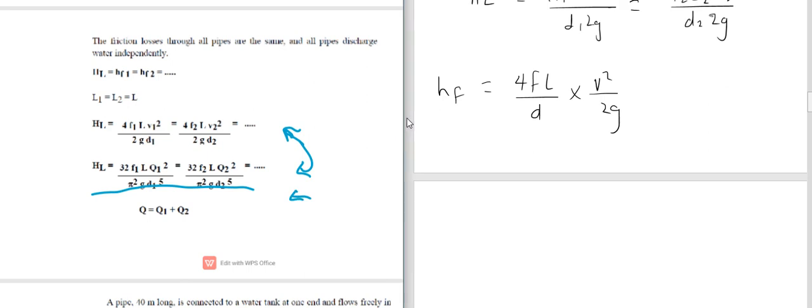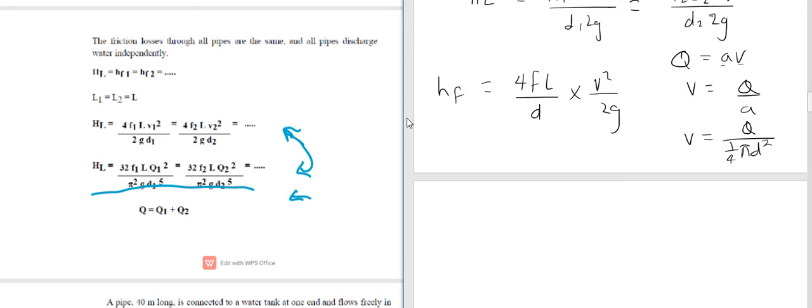It's very simple. Remember that for continuity of flow, the discharge is equal to AV, area times velocity, and just make velocity the subject of the formula here. V will now be equal to Q over A. Expand area. V will now be equal to Q over 1 over 4 pi d square. Is that correct?